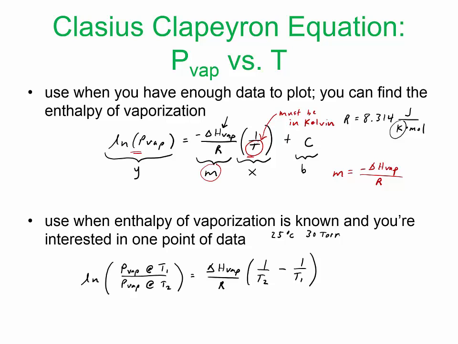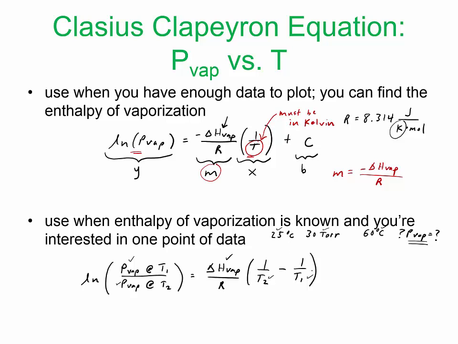You could use this equation if you want to know what the vapor pressure of water is at 60 degrees, the new vapor pressure. So we actually have 4 variables, and we know 3 of them, and then you could solve for the fourth using this equation. Of course, you would also need to know the enthalpy of vaporization.